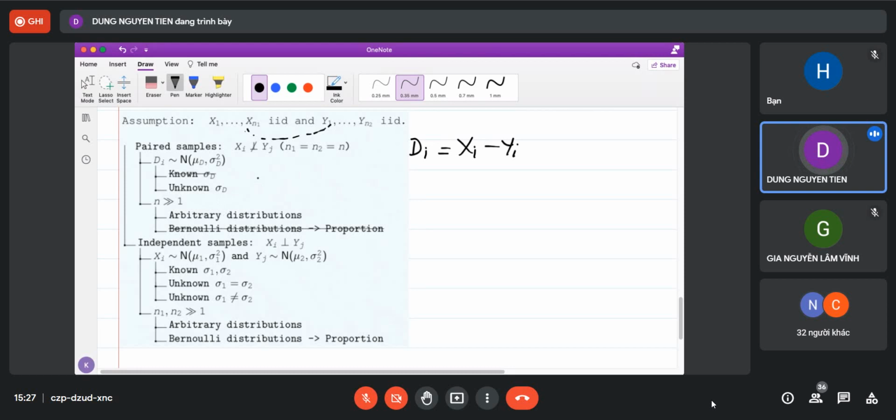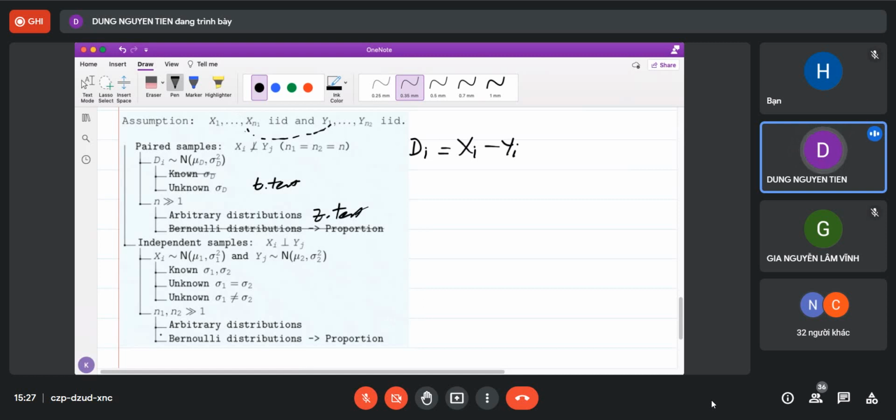So in this case, you need to use the t-test, right? And again, in this case, you can use the z-test, all right?